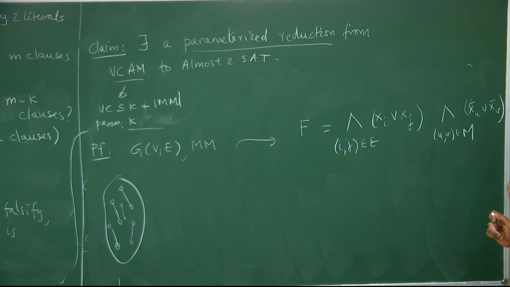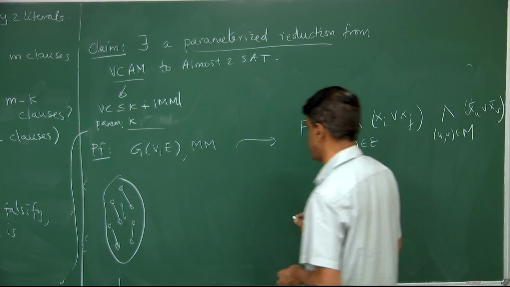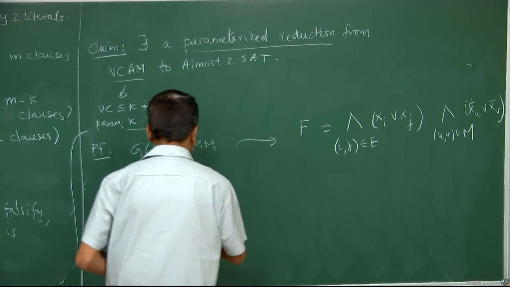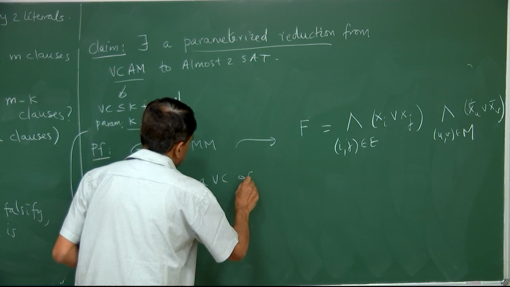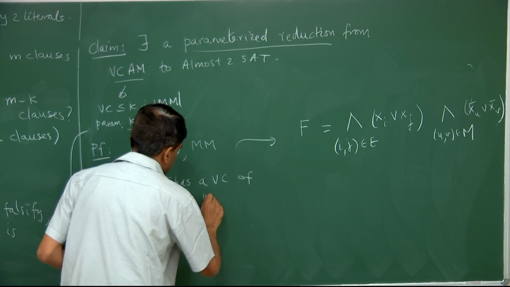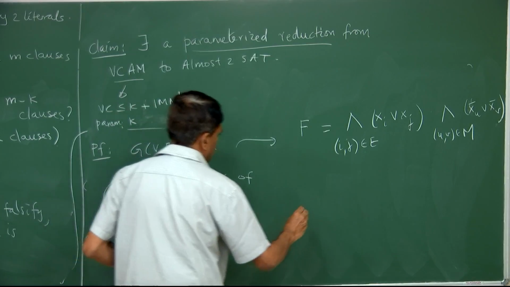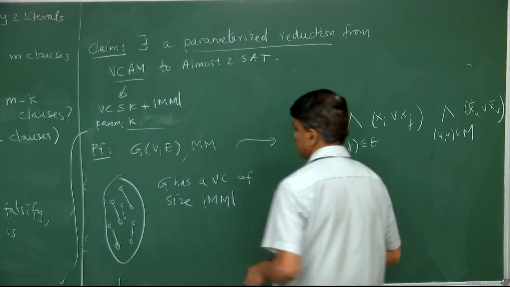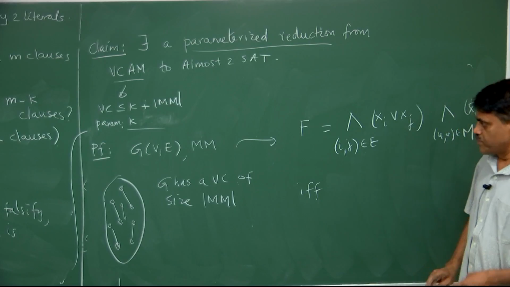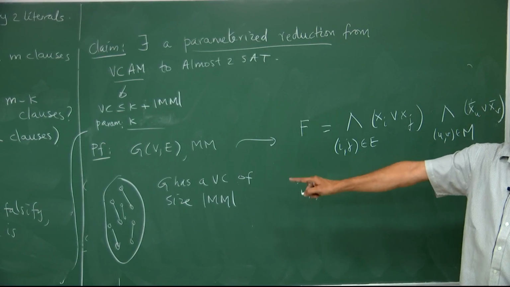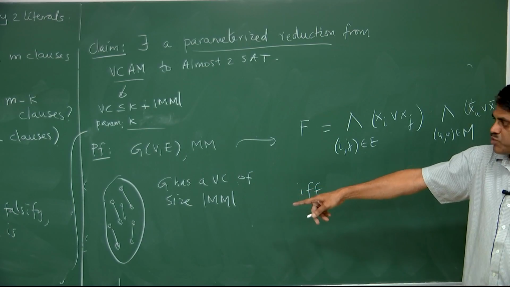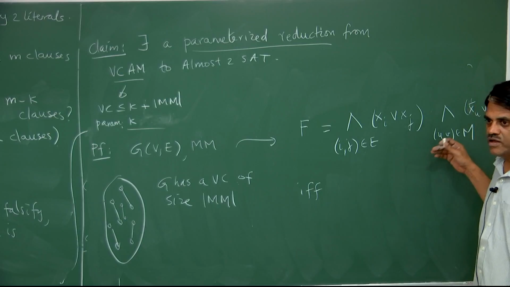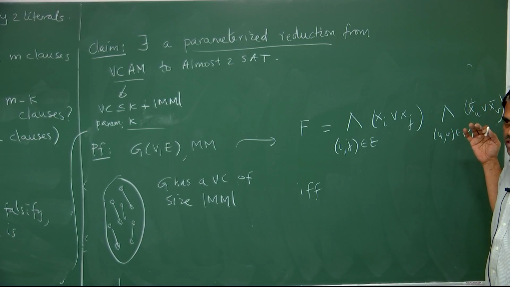What is obvious is that, the way I have written it down, G has a vertex cover of size |M| if and only if, that means if I have a vertex cover here which picks exactly one vertex from each of the matching edges, you need at least one, suppose it picks exactly one, then this formula would be satisfied.